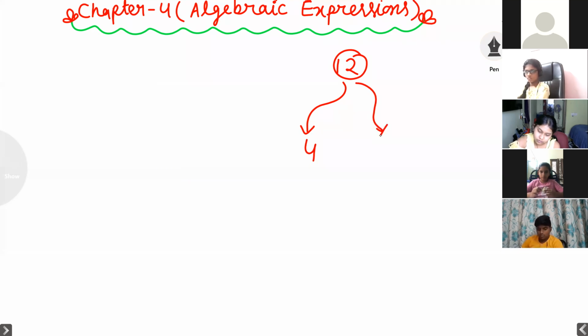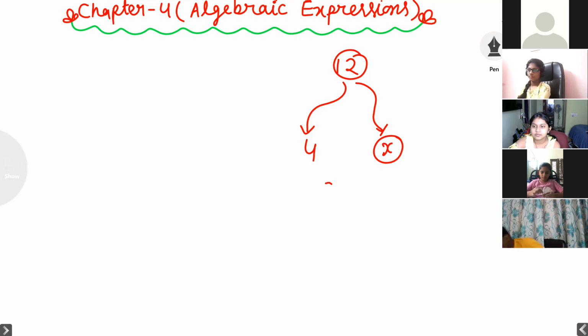The second number is the unknown value. I have assumed x. What is x here? x is the variable and 4 is the constant.